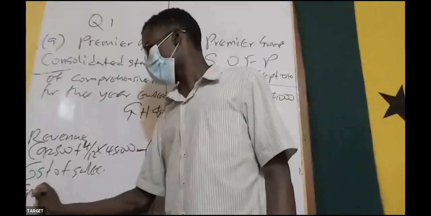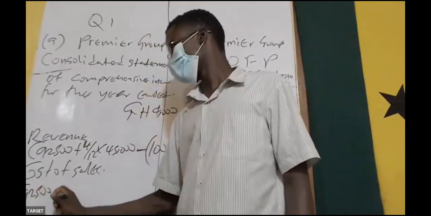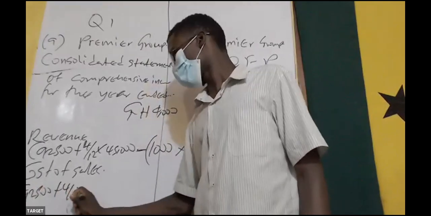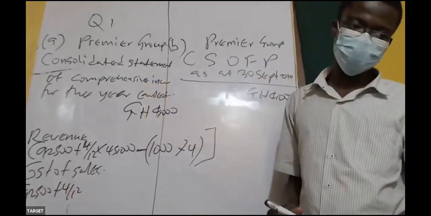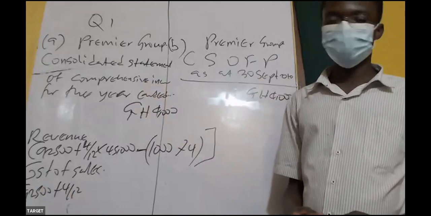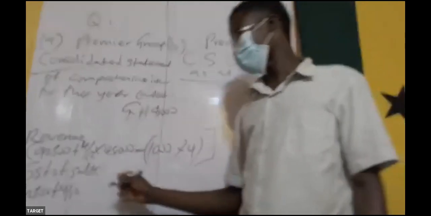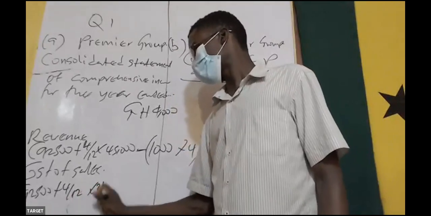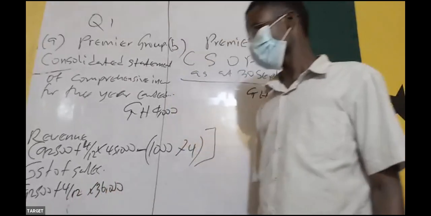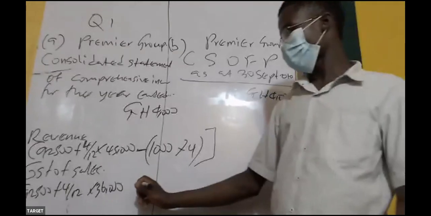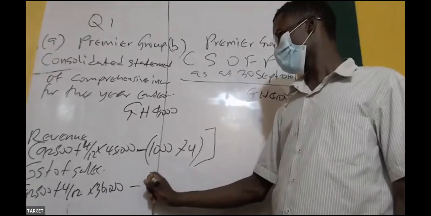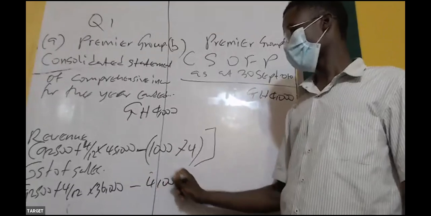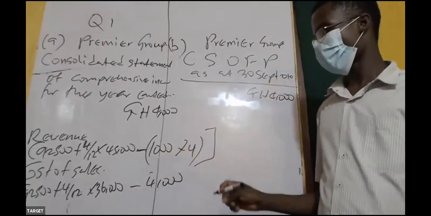So 92,500 plus 4/12 of the cost of sales of the subsidiary, which is 36,000. So 1/3 times 36,000. Then again, minus the 4,000, that's 1,000 times 4.